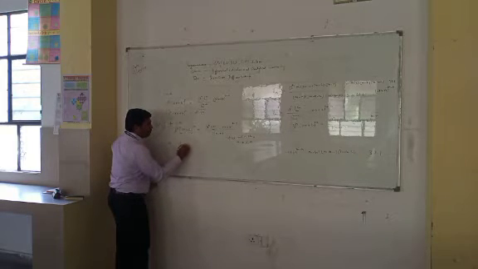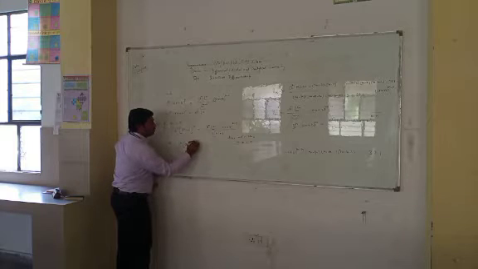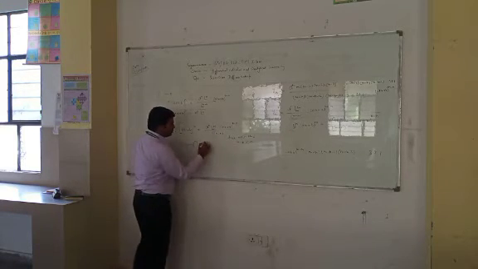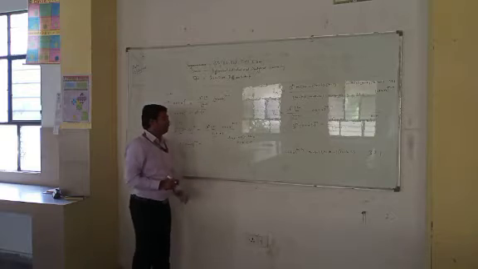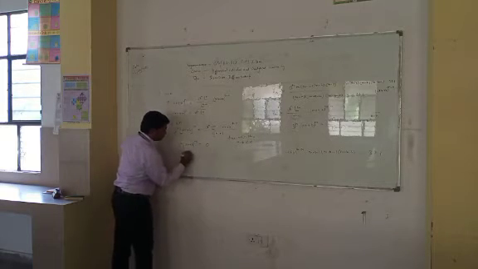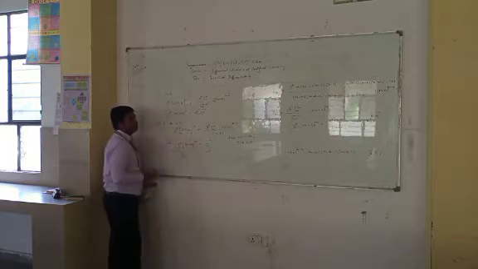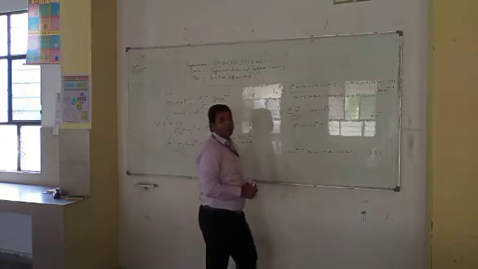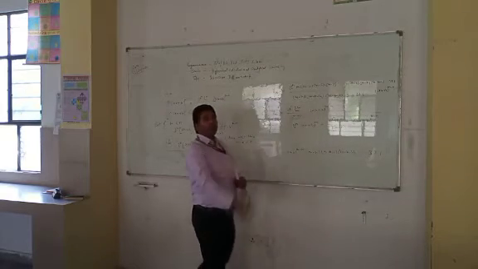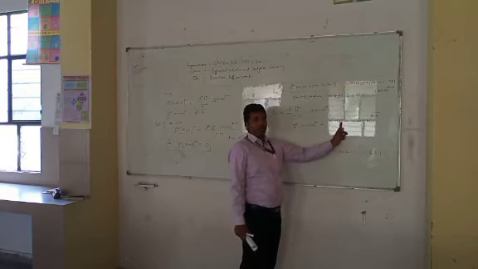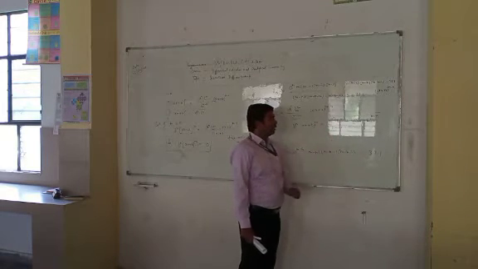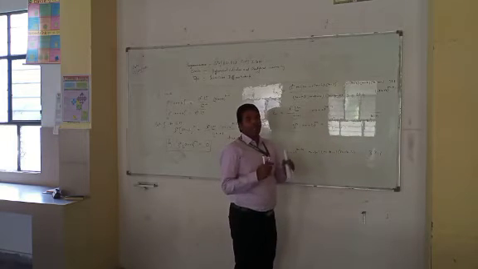So d to the power n of (ax plus b) to the power m is equal to a to the power m factorial m, and less than 0 means minus, so it will be infinity in the denominator and the result is 0. We have studied the formula y is equal to (ax plus b) to the power m, whose nth derivative is a to the power m factorial m upon factorial m minus n, (ax plus b) to the power m minus n.